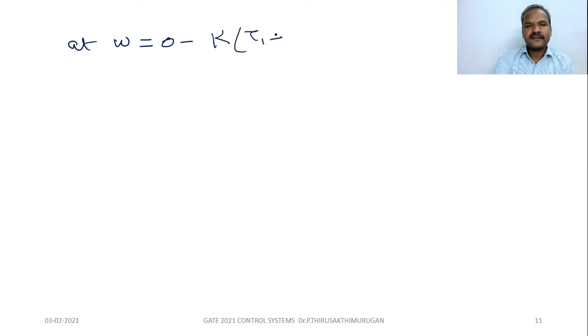At omega equal to 0 minus, G(j omega) is minus K (tau 1 plus tau 2) minus j infinity, right? This is in rectangular form.